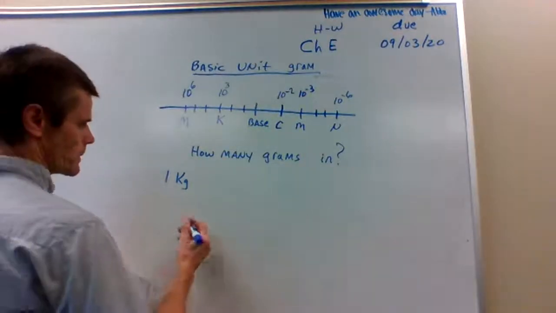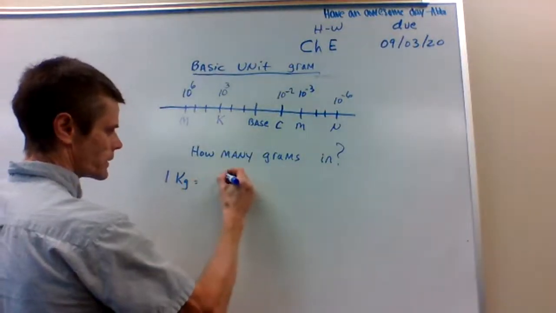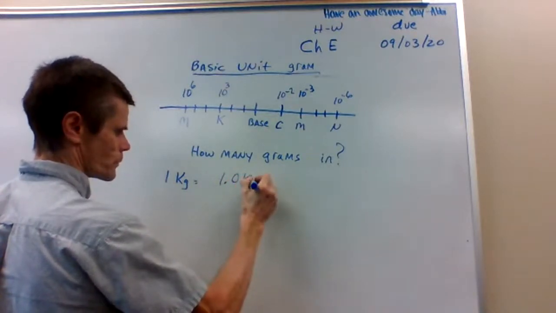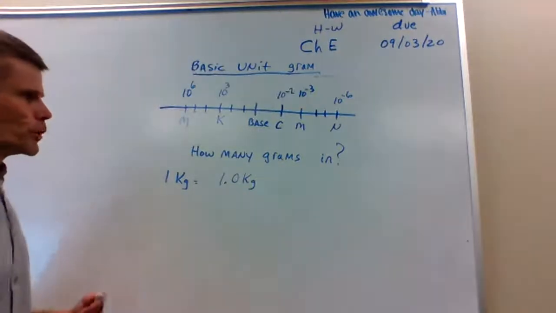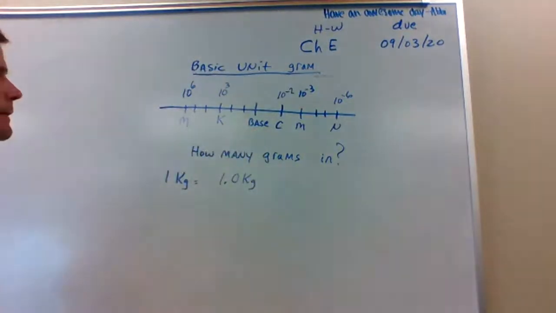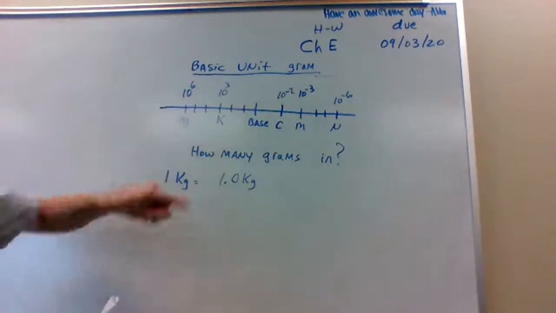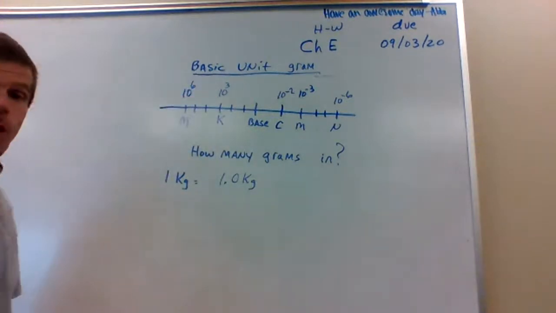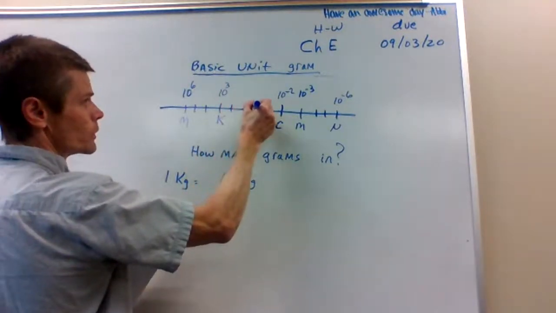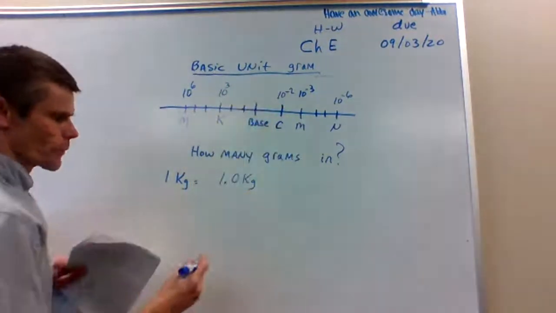1 kilogram. So one way of representing 1 kilogram is to put a decimal here. And we're going to move to our base unit, the gram. That's our base right here in the center. Here's the kilogram, 10 to the 3rd. So all we're going to do is move our decimal 1, 2, 3 positions to the right.